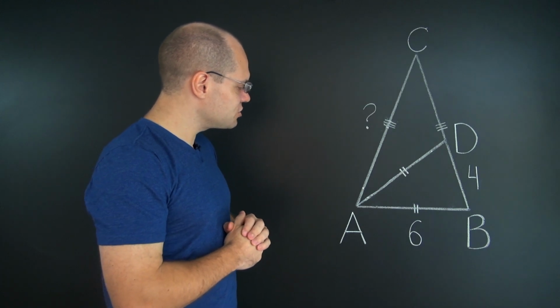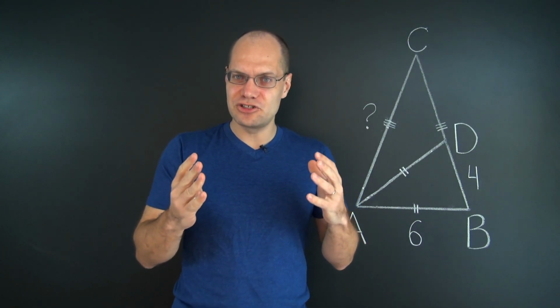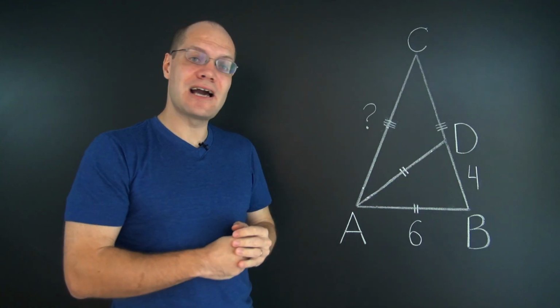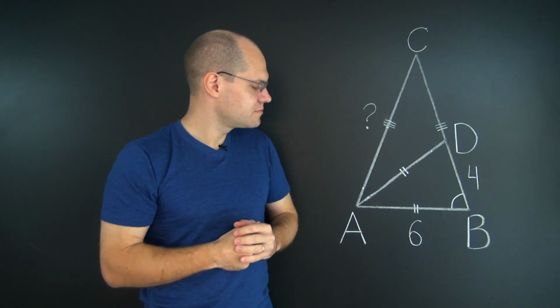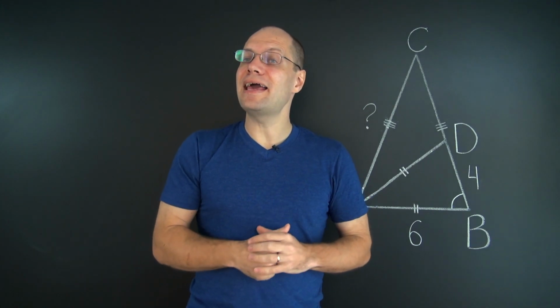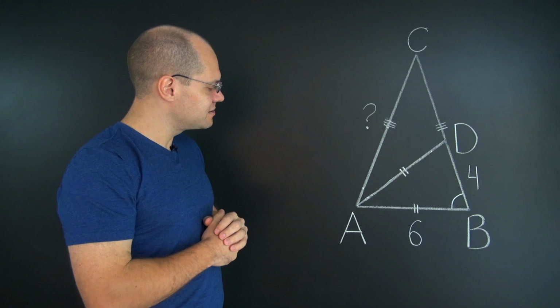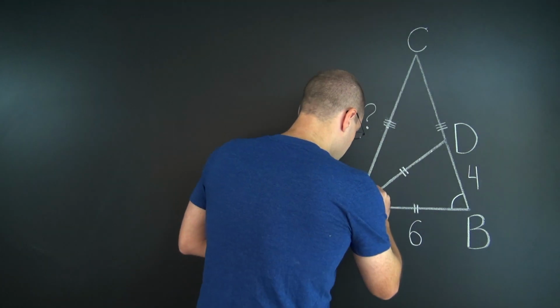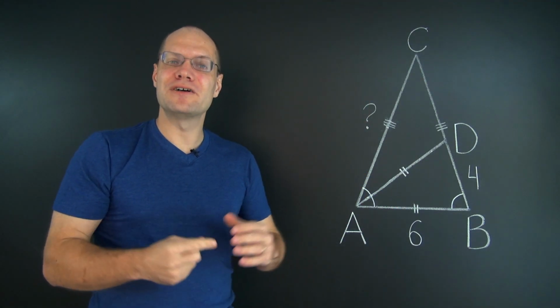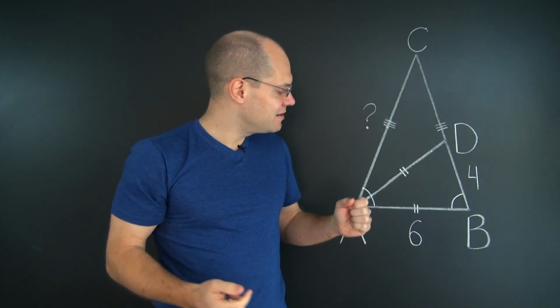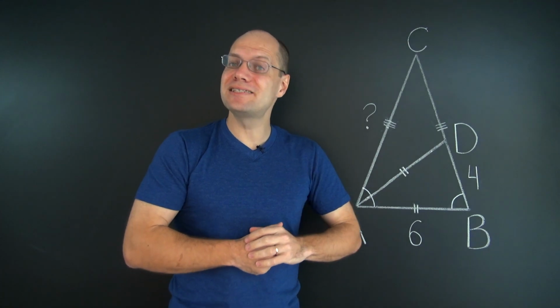To conclude that these triangles are similar, we have to pay attention to the angles. First of all, they have this angle in common. Next, because the triangle ABC is isosceles, this angle at the base is the same. Now, because the triangle BDA is isosceles as well, the other angle at its base is the same as well.